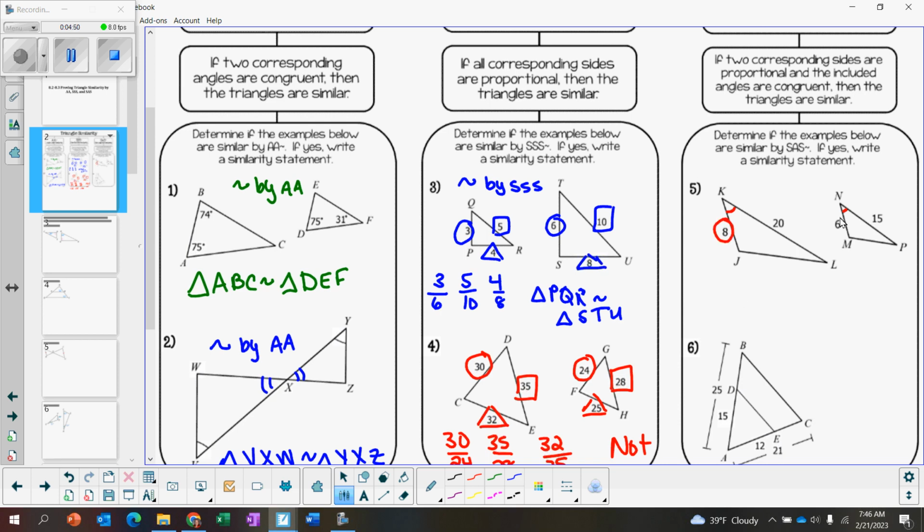The smaller one is 8, the smaller one is 6, the bigger one is 20, the bigger one is 15. So 8 over 6, 20 over 15, that's 4 over 3, that's 4 over 3. So yes, this is similar by SAS, triangle JKL and triangle MNP.